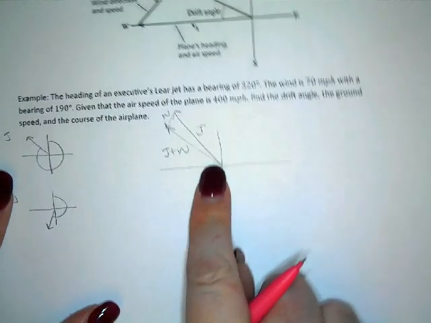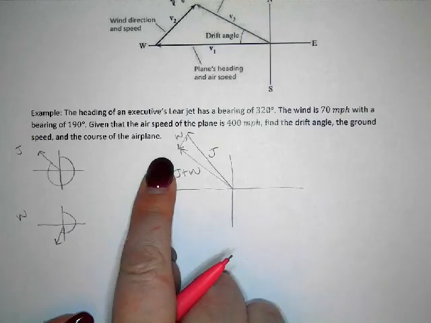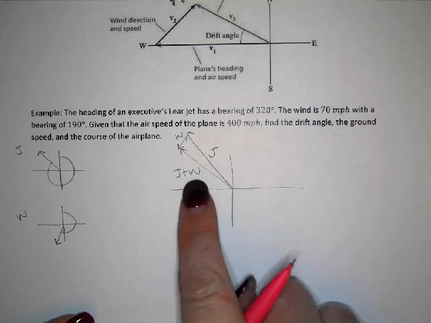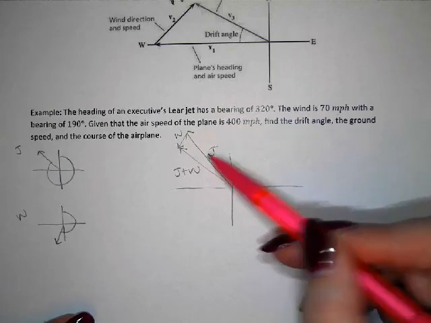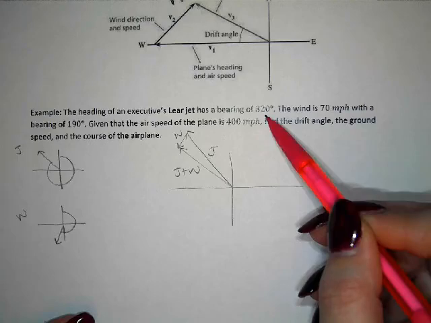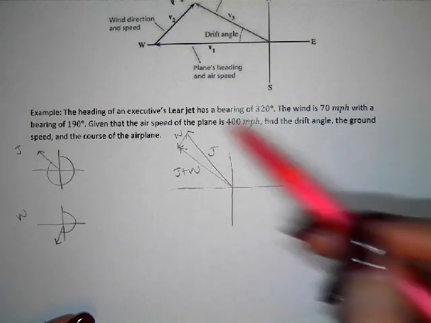So I can tell that whatever angle I get for the jet plus the wind, it should be smaller than a bearing of 320. It should be a little bit less because the wind is pushing the jet down this way. It should probably be slowing it down. This length looks a little bit shorter, so I would expect it to be going a little bit slower. And that's just going to help me make sense of my answers.